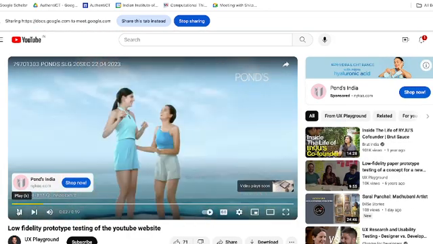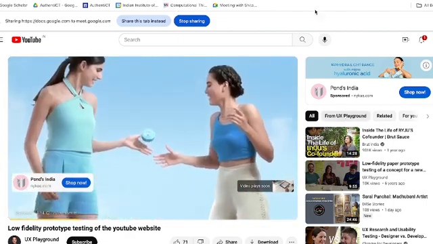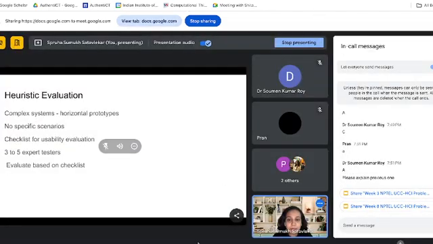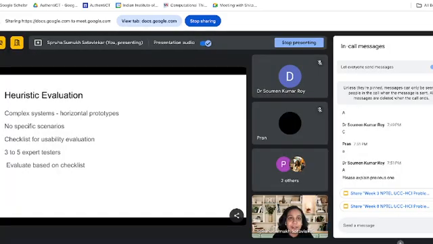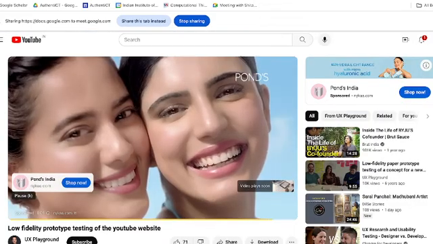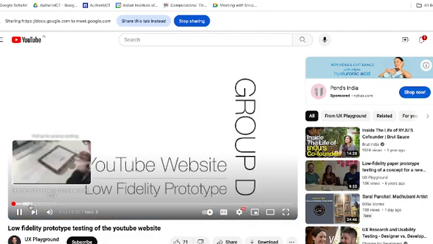Light super light. I love my water fresh glow. Pond Super Light Gel with hyaluronic acid. Right.